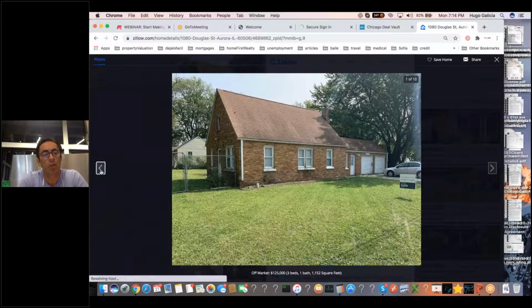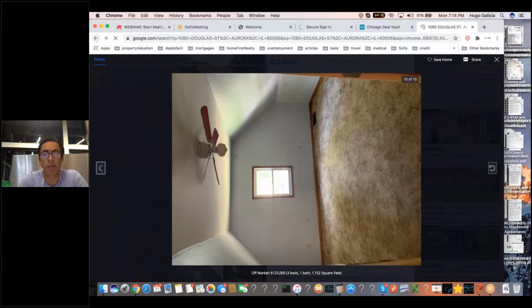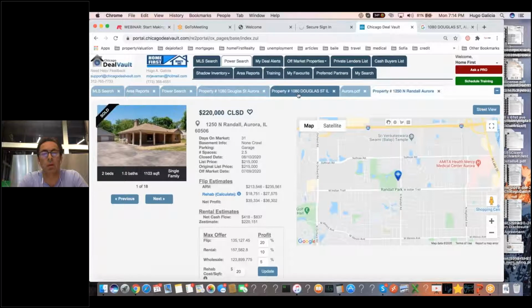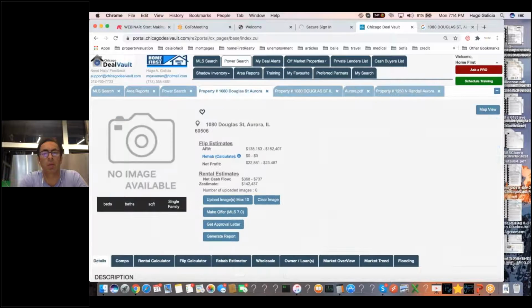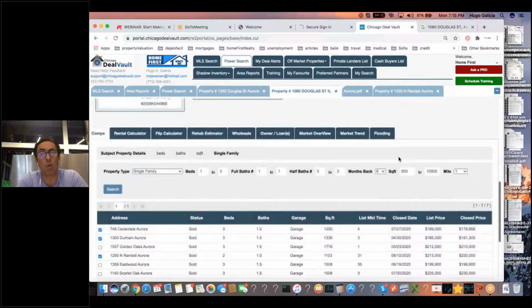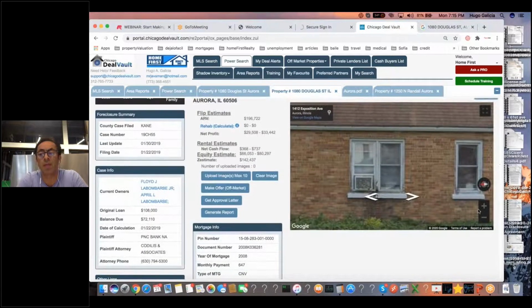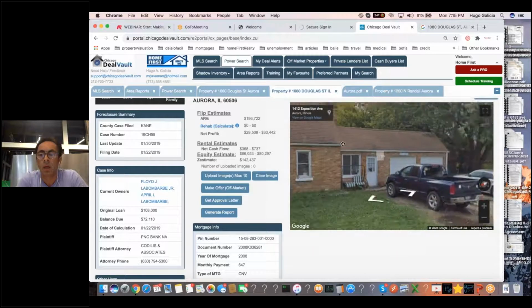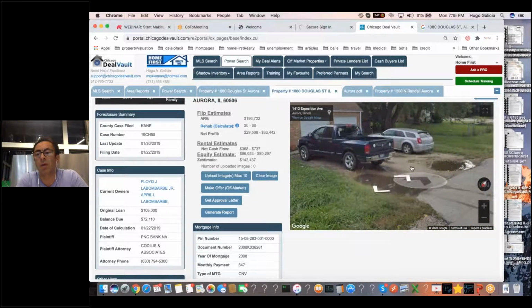let me go back to the original page. In here, oh, it was a Google map. Right here, let me go back to the subject property. So in the Google Maps, the driveway. So if we're going to do a flip, let me zoom out. You see the driveway? There's no driveway right here.